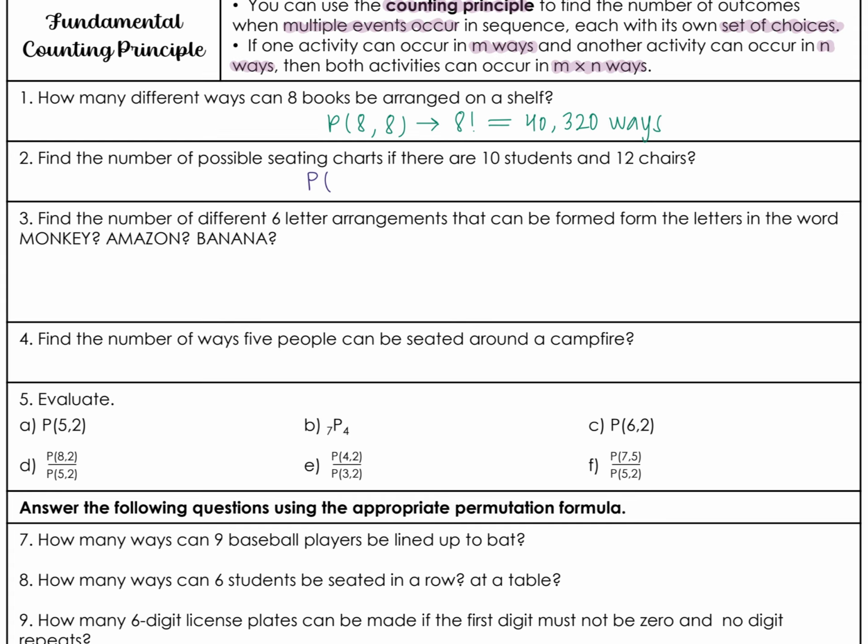I have 12 chairs to pick from, but I'm only using 10 of them. So that would be my permutation P(12, 10). And when you plug that into your calculator, you're going to get 239,500,800.